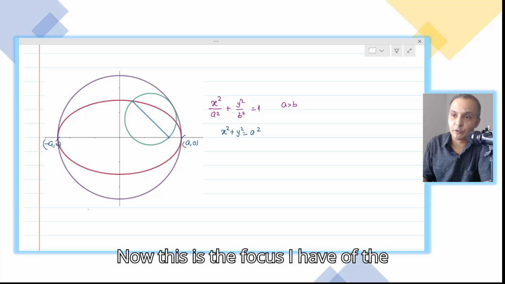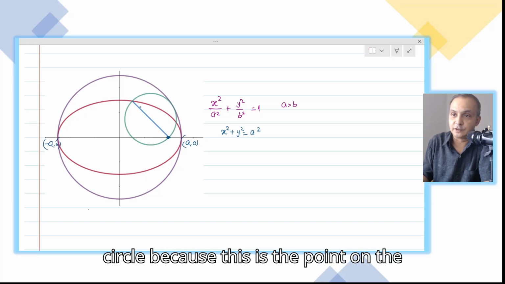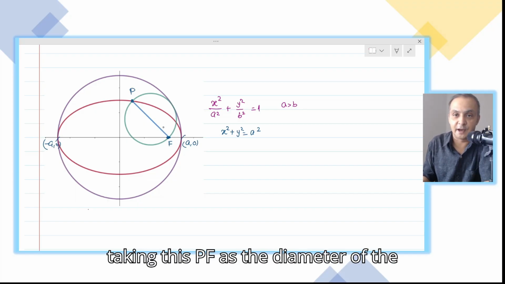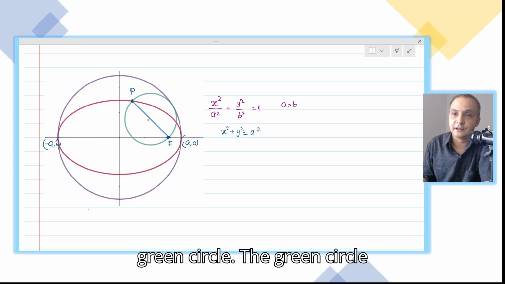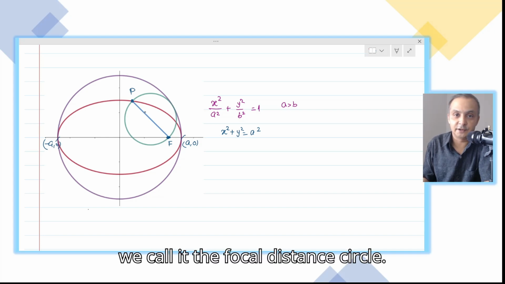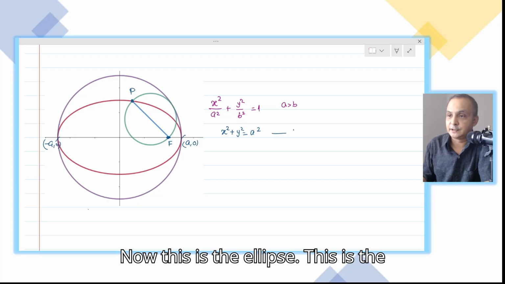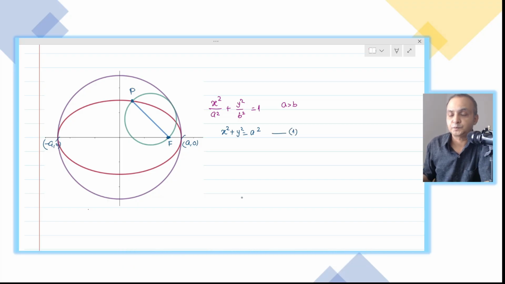Now this is the point on the ellipse P and this is F. So we are taking this PF as the diameter of the green circle. The green circle we call the focal distance circle. Now this is the ellipse, this is equation number 1, we can say.